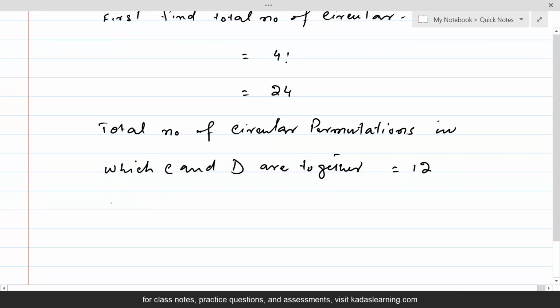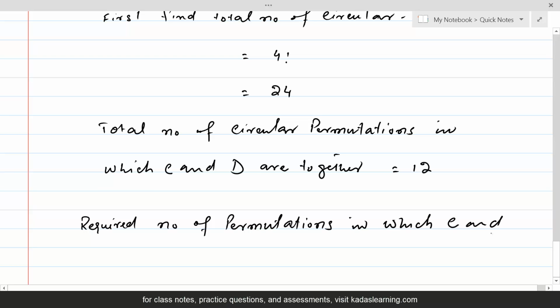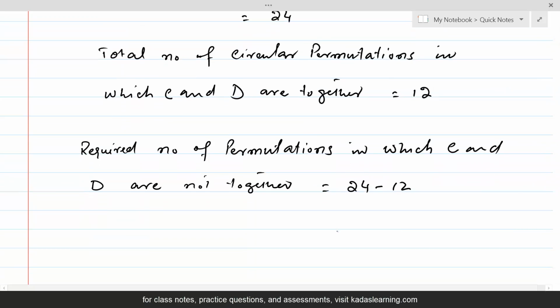Thus, the required number of permutations in which C and D are not together is equal to 24 minus 12, and therefore that answer should be equal to 12.